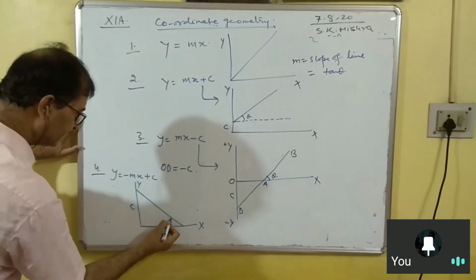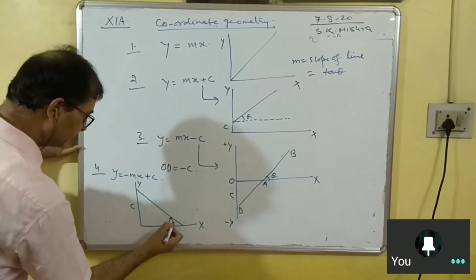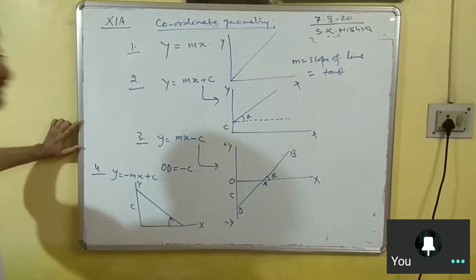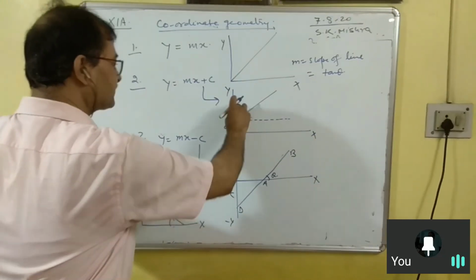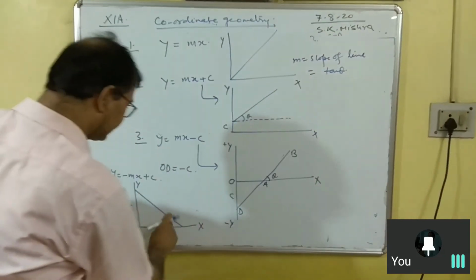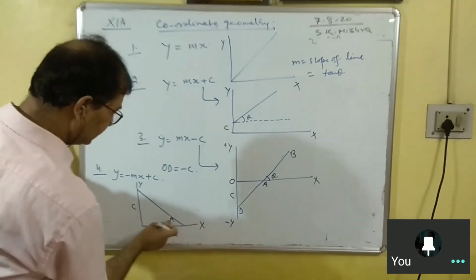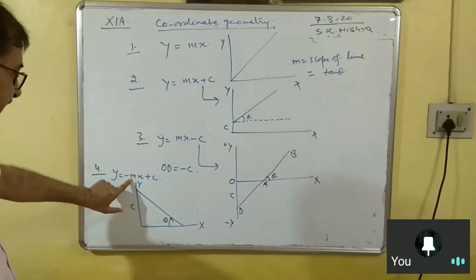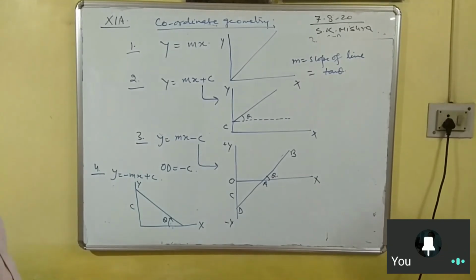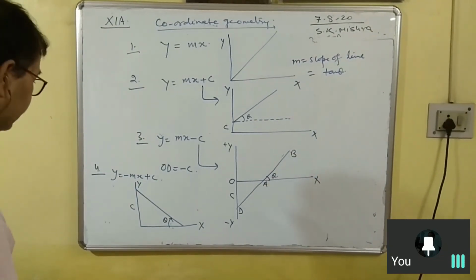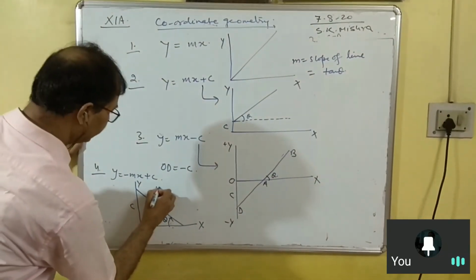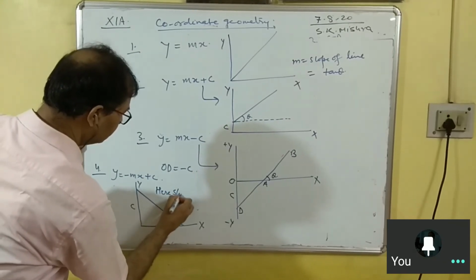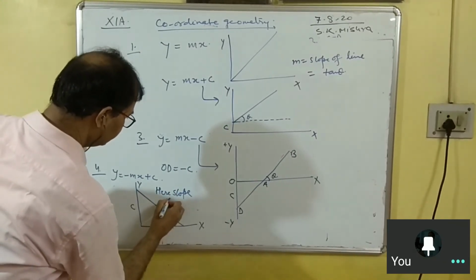An anti-clockwise angle is taken as positive, a clockwise angle is taken as negative. So this angle is theta, and instead of tan theta you have taken minus m, so the slope is negative. Here the slope is negative.